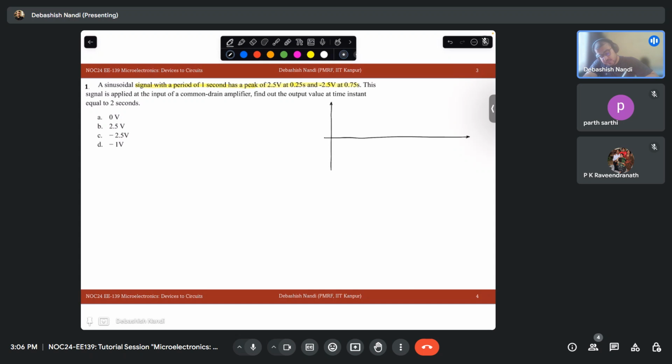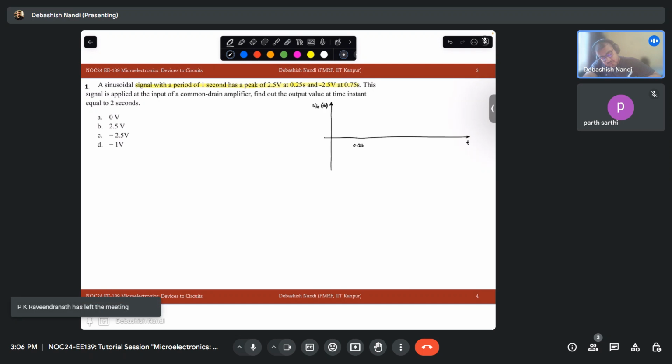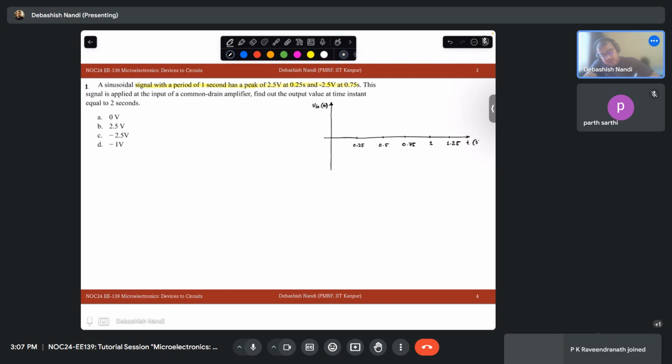Your V input in terms of t is given. So 0.25, then we have 0.5, then 0.75, then 1, 1.25. V in terms of seconds.